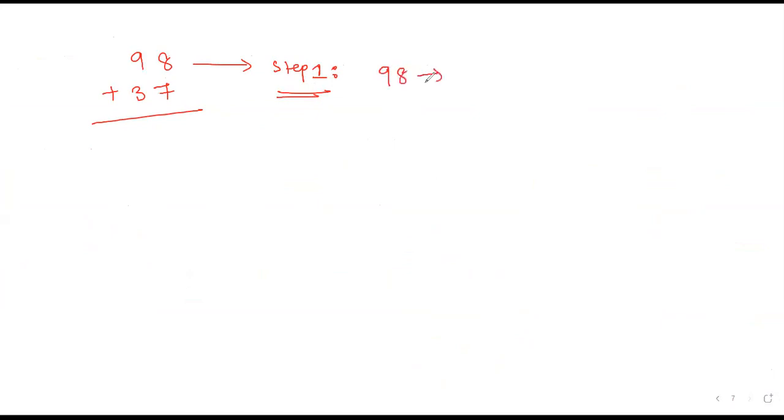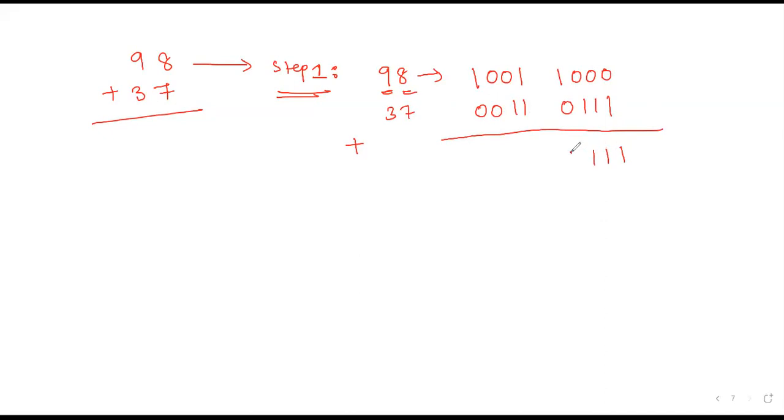So in the BCD code of 98, represent 9 separately and 8 separately. 9 is 1001, 8 is 1000. 37: 3 is 0011, 7 is 0111. Now add them.